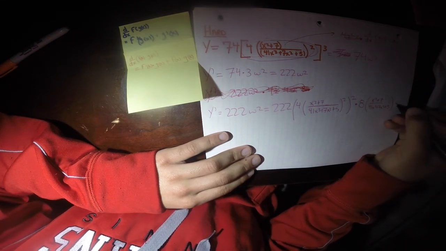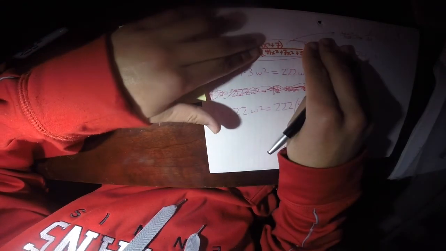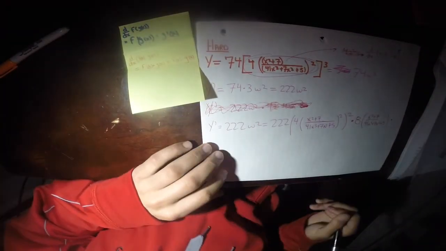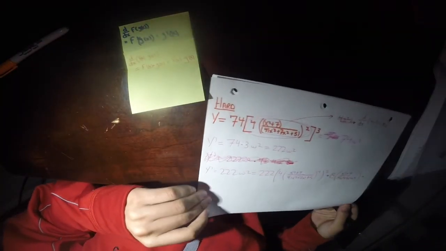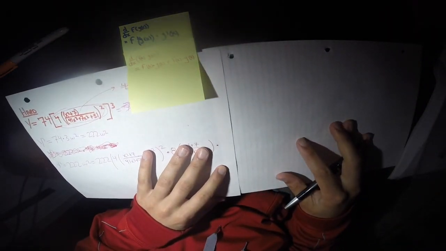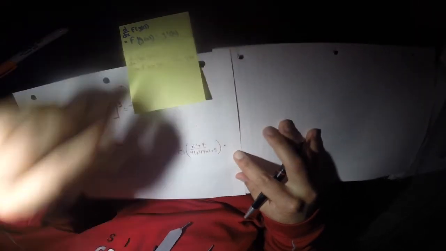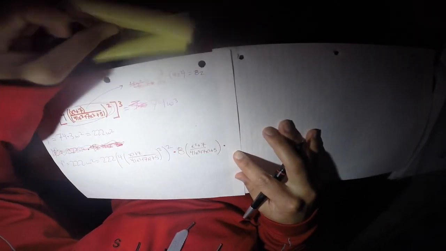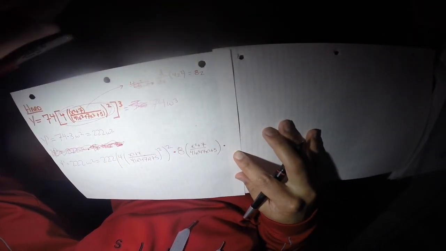And now you ignore all of this and do the derivative of the inner function. The inner function is right there. It's a quotient rule. Now the quotient rule, let's expand this out right here, like that. Now you got a quotient rule going for you. You all remember the quotient rule.